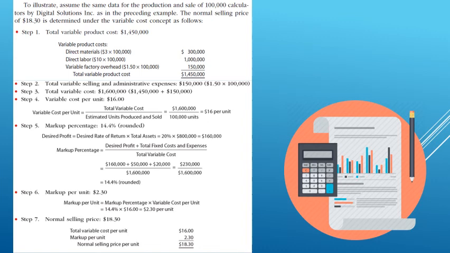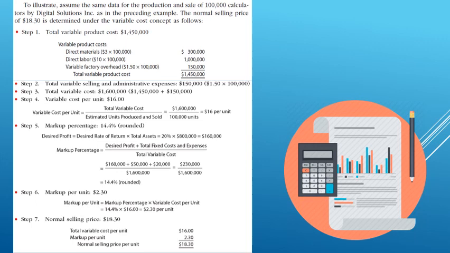So a total of 14.4%. So the sixth is the markup per unit. So we have to multiply the markup percentage, which is 14.4%, times the variable cost per unit, which is $16. So a total of $2.30 per unit.